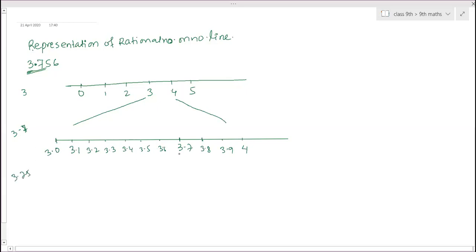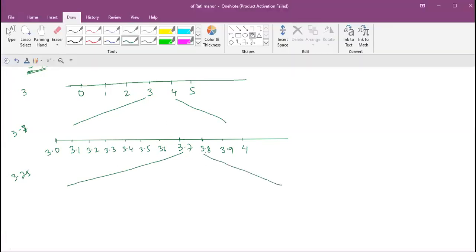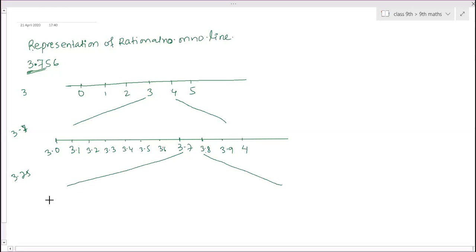So now the area between 3.7 and 3.8, because the number 75 is there. 75 is above 7 but less than 8. So this part, 3.7 to 3.8, we have to magnify.